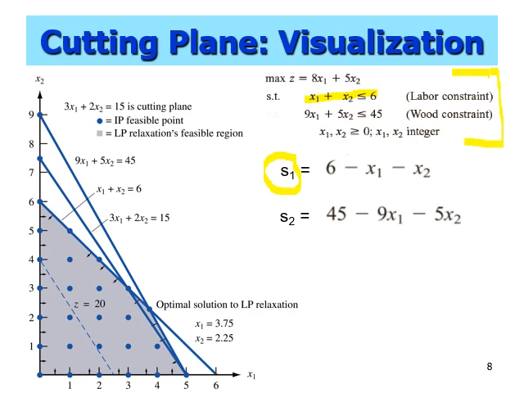The 6 is from the right-hand side, and minus X1 minus X2 is because we are moving them from the left-hand side to the right-hand side. For the second constraint also, because the sign is less than or equal to, we add S2 to make it equal, and then we move everything to the right-hand side. So now you have the definition of S2 equals 45 minus 9x1 minus 5x2.